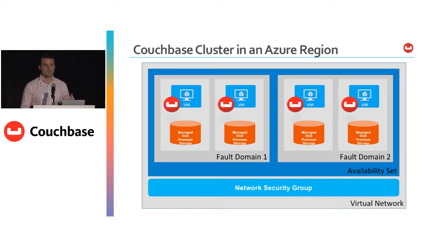Those fault domains map roughly to that concept of availability zone. In our templates, we're currently setting the number of fault domains to 2. So the idea is to have 1 primary and 1 backup for each copy of data. And then we're setting something called the upgrade domains to 20. An upgrade domain is for a planned outage, a fault domain is for an unplanned outage.